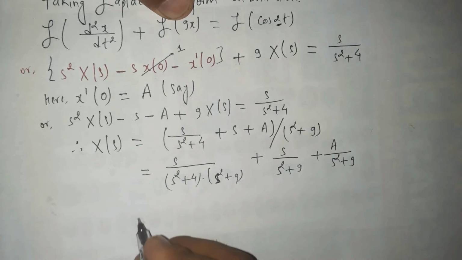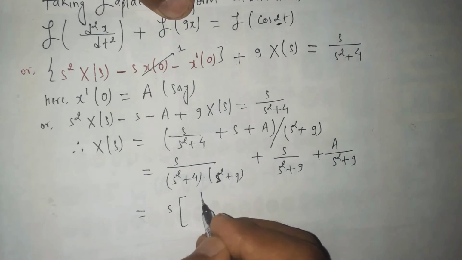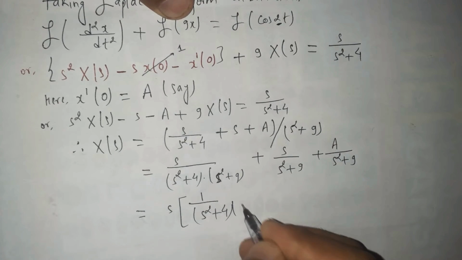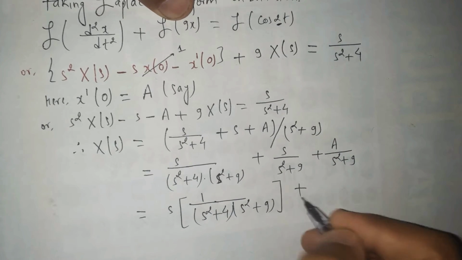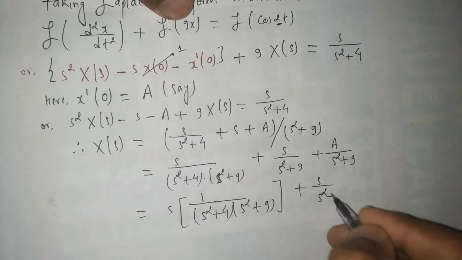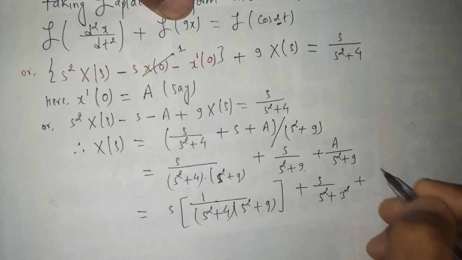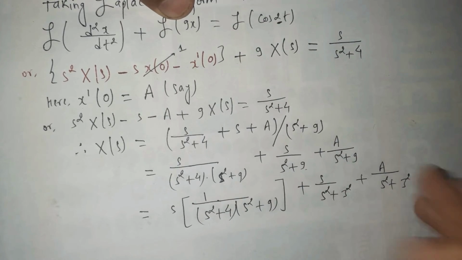This first term can be written as s times 1 over s square plus 4 times s square plus 9, plus s over s square plus 3 square (the 9 can be written as 3 square), plus a over s square plus 3 square.